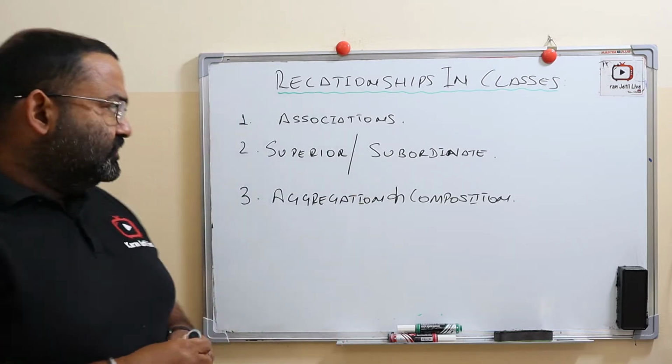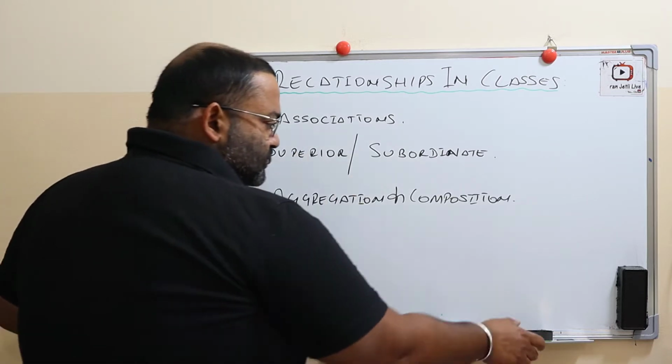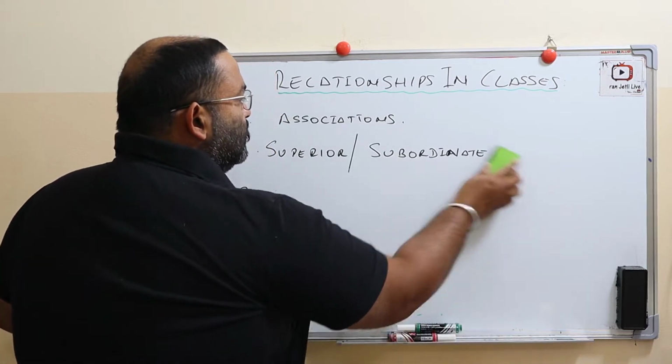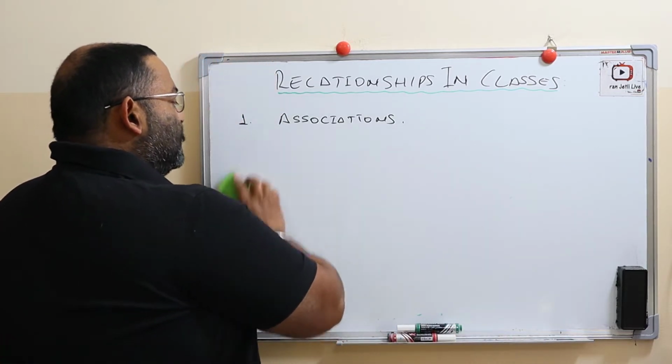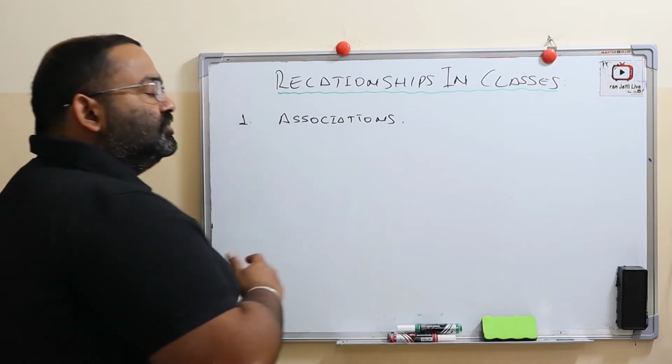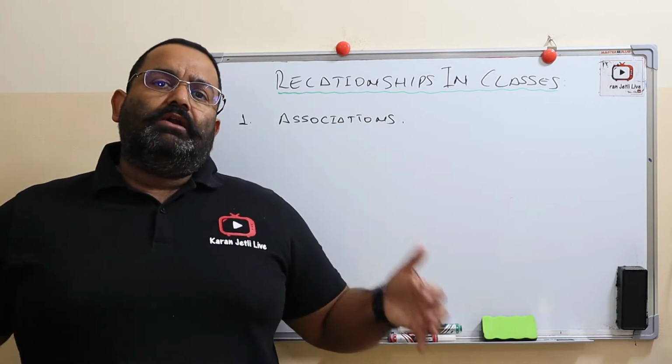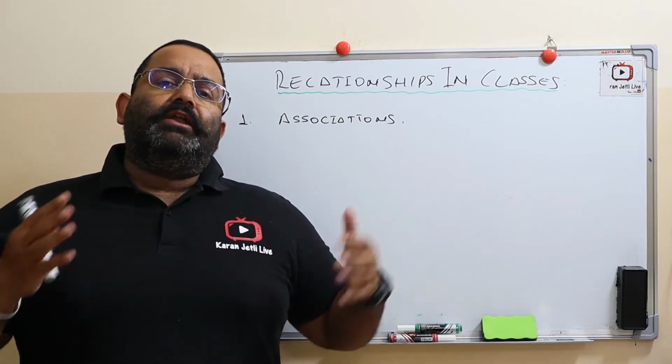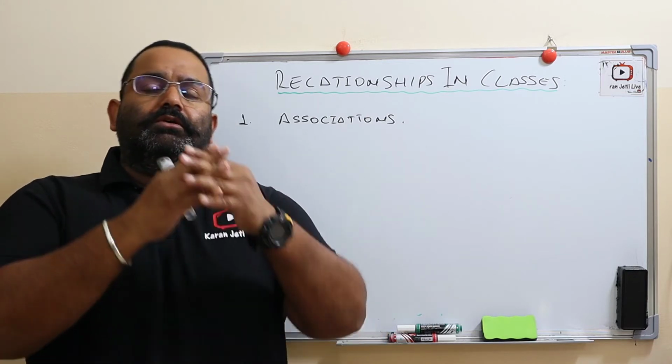So guys, the first relationship which comes is association. Now guys, what is association? Association tells how one class is related or can be associated to another class.